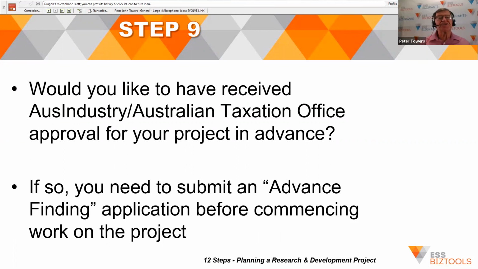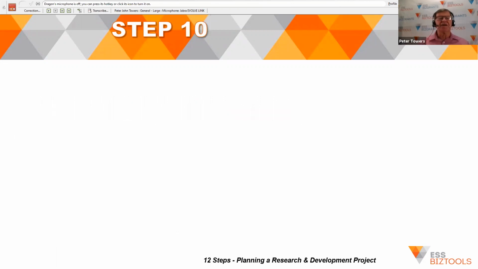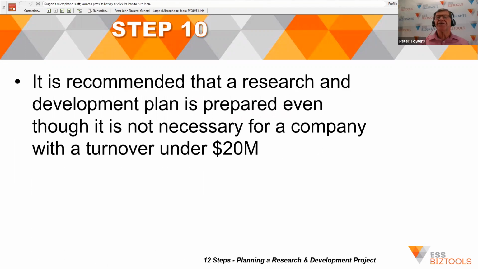And then AusIndustry checks that and advises the tax office whether they believe it is appropriate. And then an advance finding is issued, which basically refers to the client's application and says that that has been approved. And then so long as that's what the company does in its research and development project, it will be acceptable.